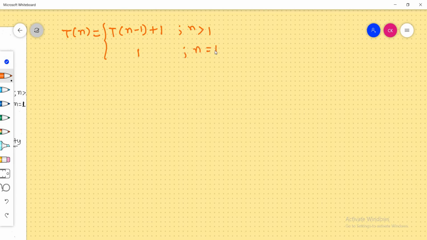This is the recurrence relation and you have to solve it. So the first equation is T of n is equal to T of n minus 1 plus 1.